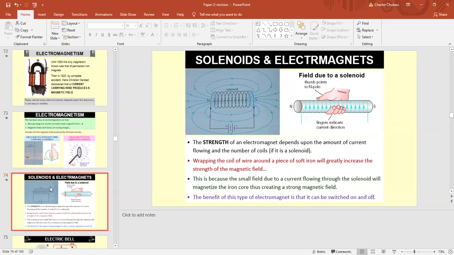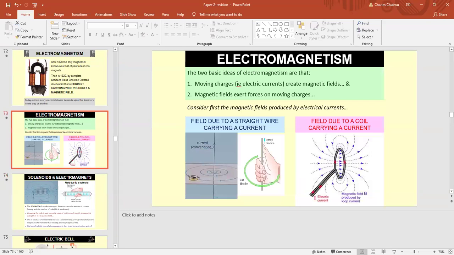Now, if you notice something, for the one that had to do with the rule of thumb, did you notice that we don't see north and south playing out here? Take a look at it very well. There's nothing like north or south, yet we know that there's a magnetic field around that wire. Do you see that? Yes.